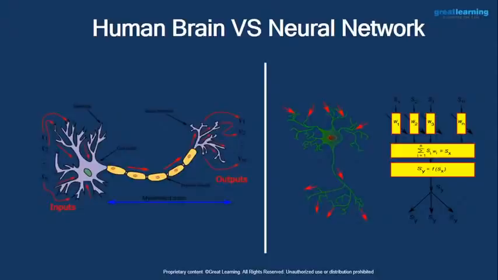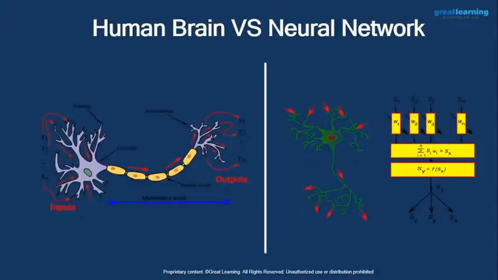So there are some parts we can compare. Our human brain has dendrites and axon terminals, but in the neural network we have activation functions, an input layer, and hidden layers.